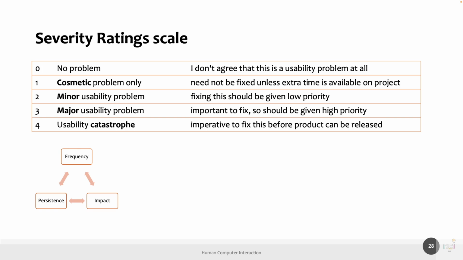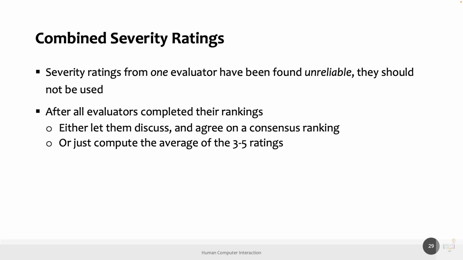And then hopefully you will not use 4, but 4 means usability catastrophe. So it's imperative to fix this problem, otherwise the product, the system cannot be used at all by the user, okay? Again, in the consensus phase, in the discussion phase, you should try to reach an agreement on your violations and also on the severity of these violations.